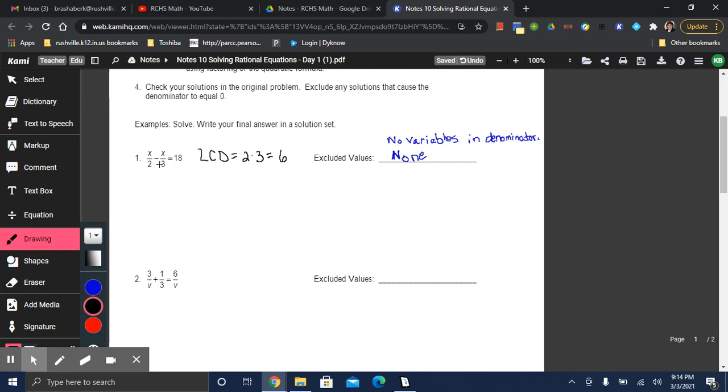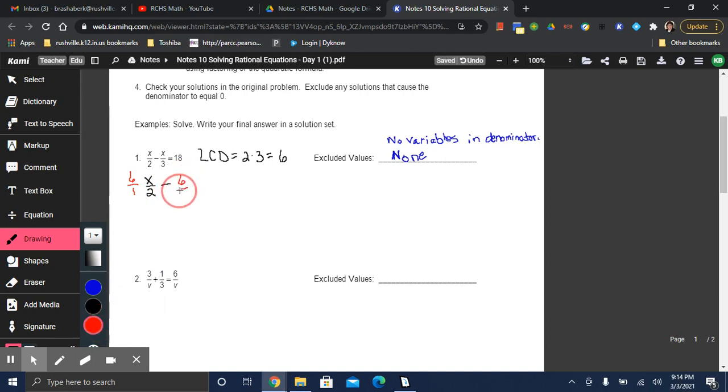Now, rather than getting a common denominator, we're actually going to use the 6 as a multiplier to clear out the fractions. So this is how I'm going to write it. I'm going to take my 6, my common denominator, put it over 1, and multiply it by my first fraction, x over 2. And then notice I have a minus sign. I'm going to write another 6 over 1.